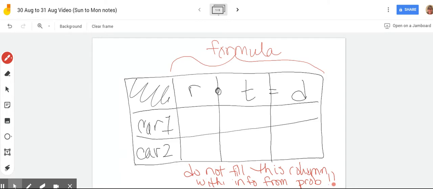So if they tell you that the distance is 100 miles or 235 miles or 500 kilometers or whatever, don't fill it in. It is the biggest temptation and it is the hardest thing to resist. Don't do it.